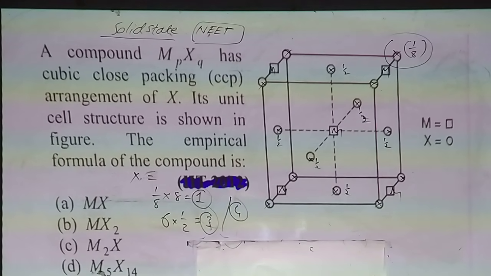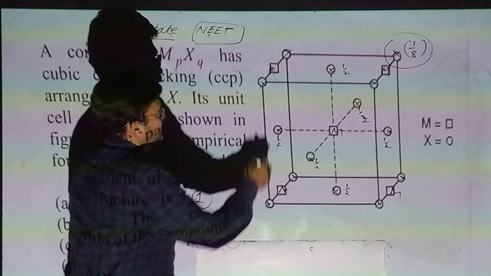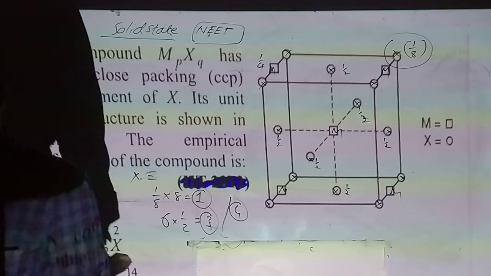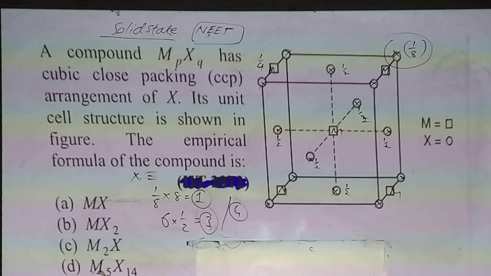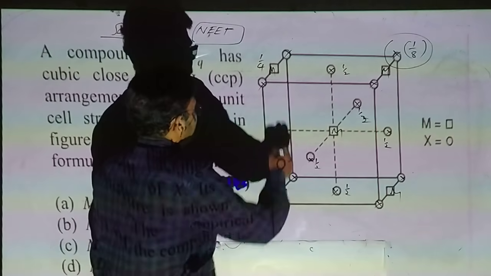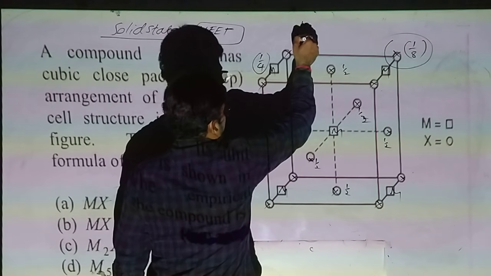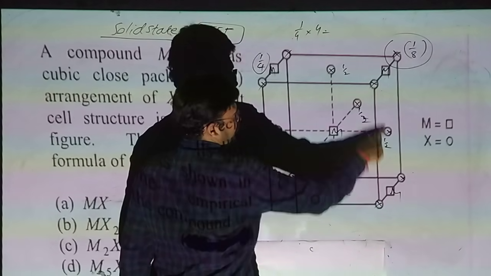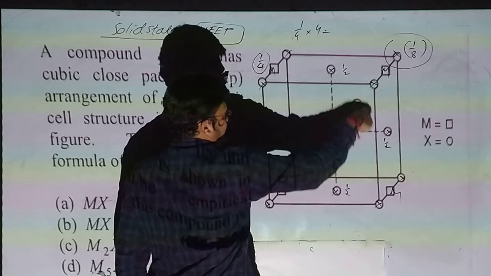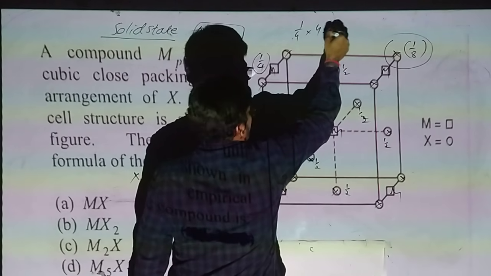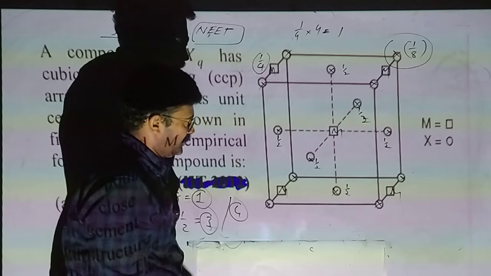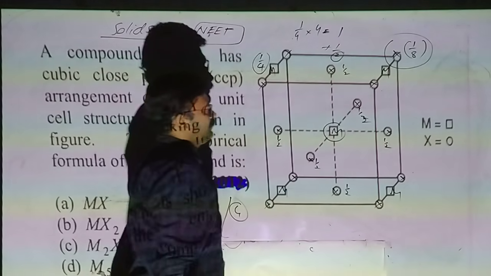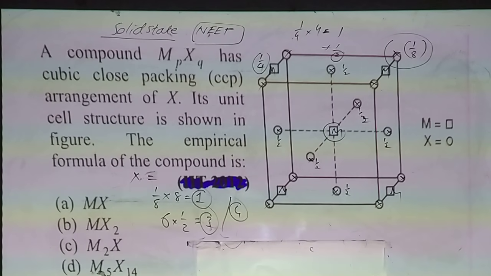Now what about M? Actually on the edges, the sphere is shared with another 4, so 1/4 portion of it. 1/4, 4 times: 1, 2, 3 and 4. Here it is not present at the corners. So 1 time due to the edges and 1 time due to the center. So 1 plus 1, 2.